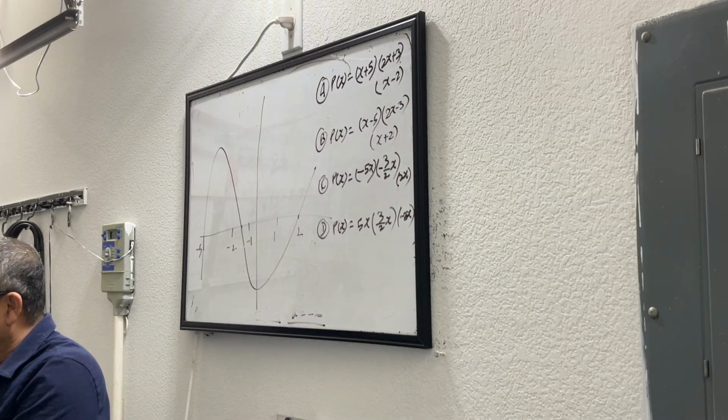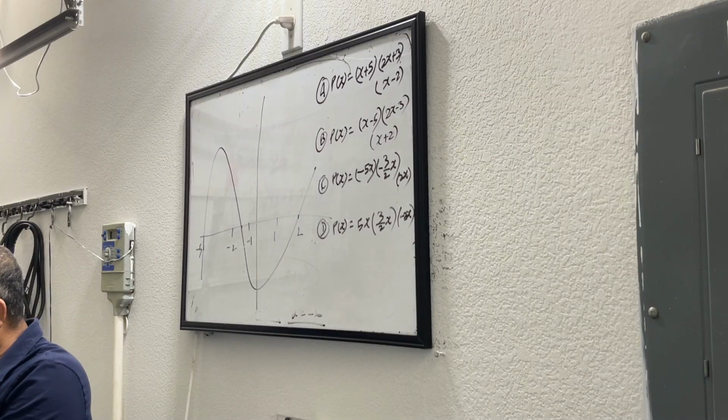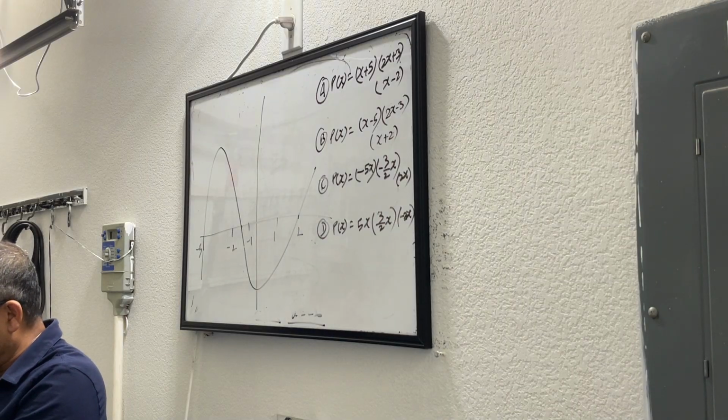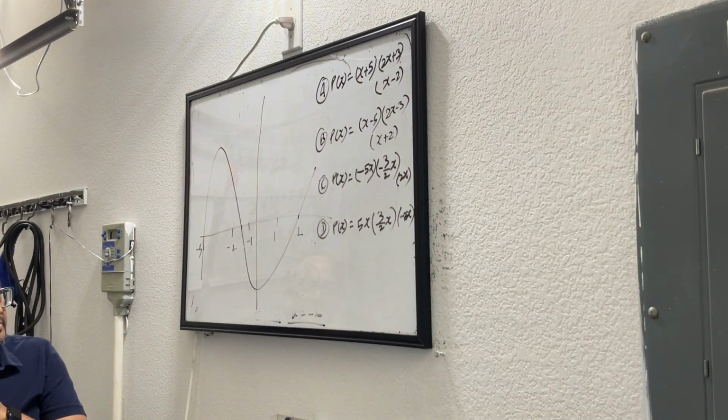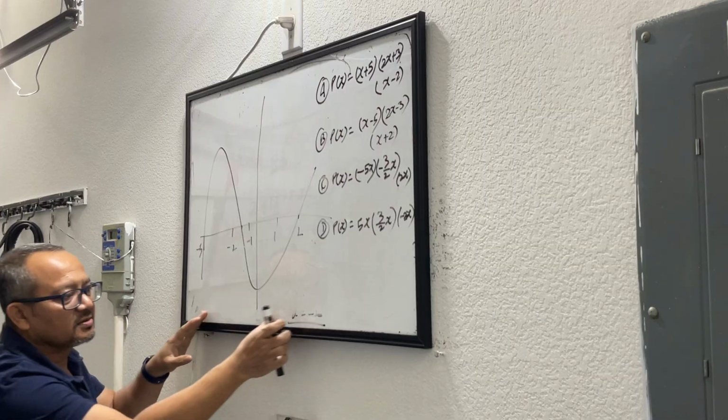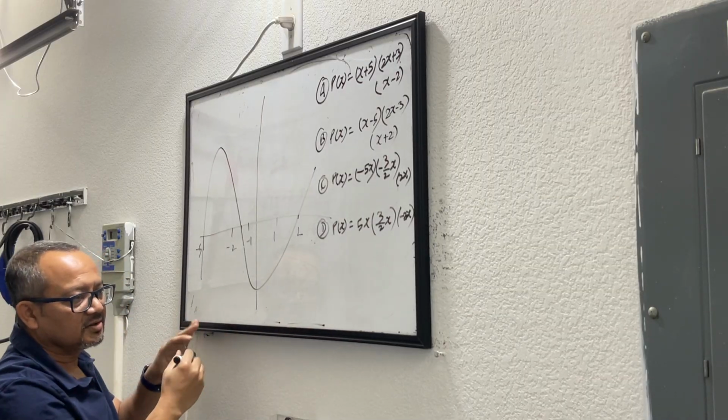Okay? So, I'll start with Datta. So, Datta, you said A. You were the first one to say A. Can you tell me why you think so? Okay. So the x values that were given are -5, -1.5, and 2, right?